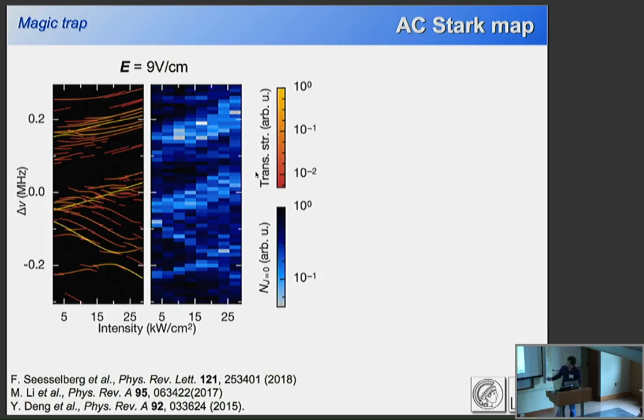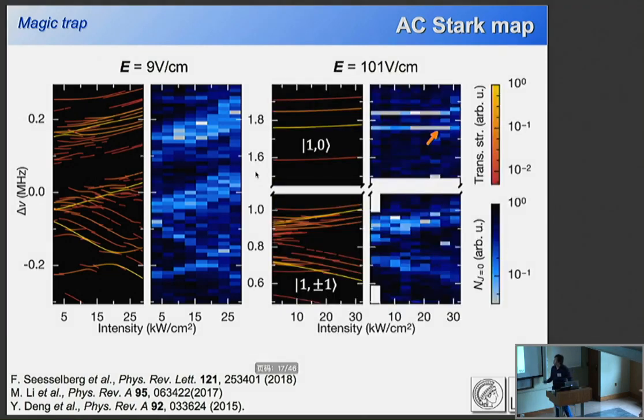Certainly, you cannot work with so many entangled states. This immediately kills your coherence. So our simple technique is to just turn on a small, moderate DC electric field, so you can split the 1 plus or minus 1 state and the 1 0 state in the excited state by the DC Stark shift.